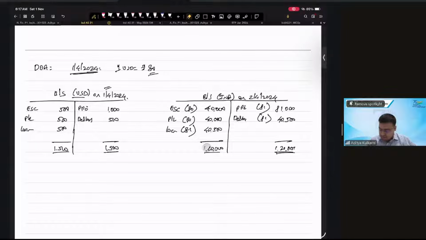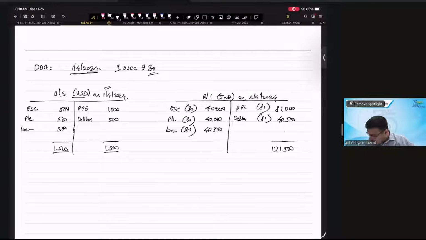So 1 lakh, can I say that this is 121,500?